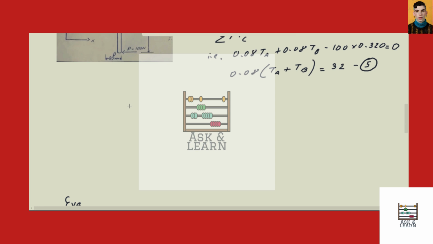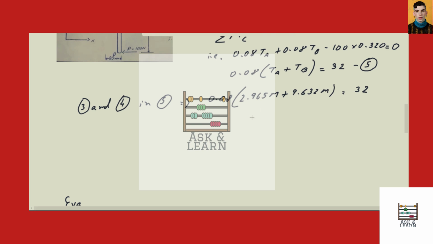So 3 and 4 in equation number 5 give us 0.08 times TA, which is 2.965 M, and TB, which we got as 9.632 M, equal to 32.